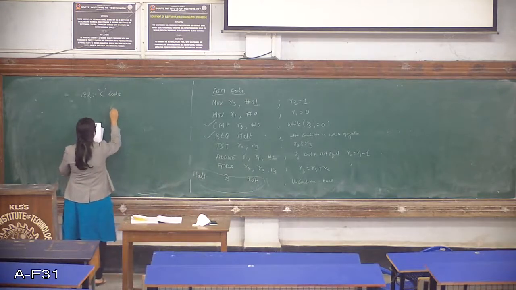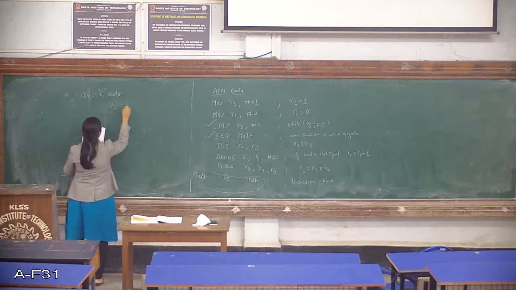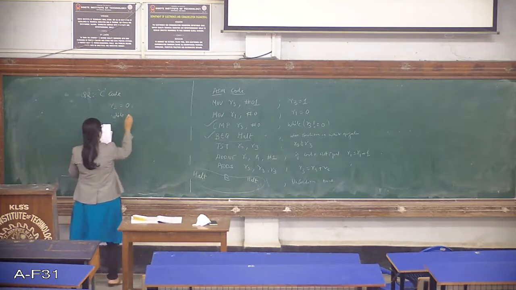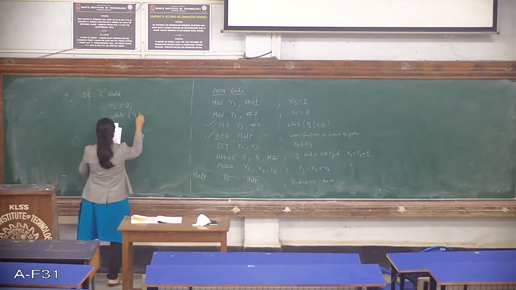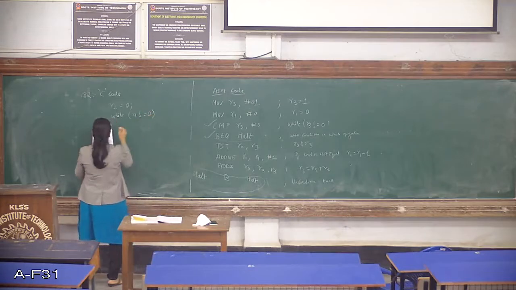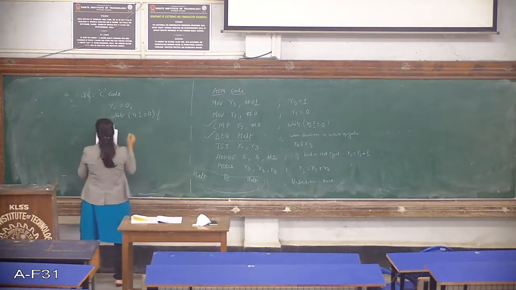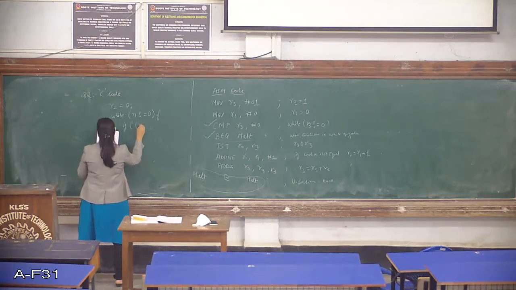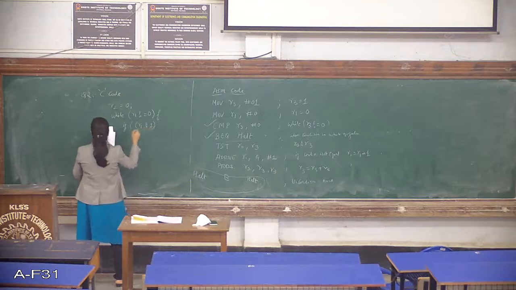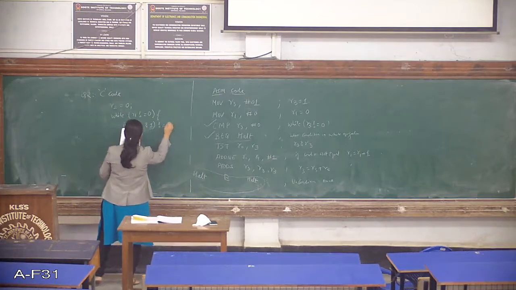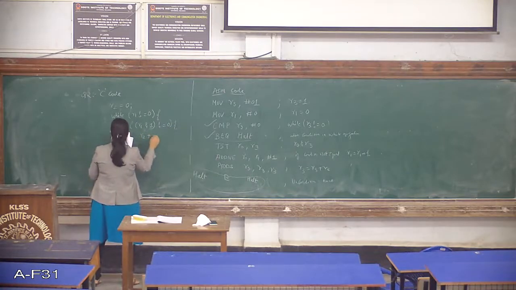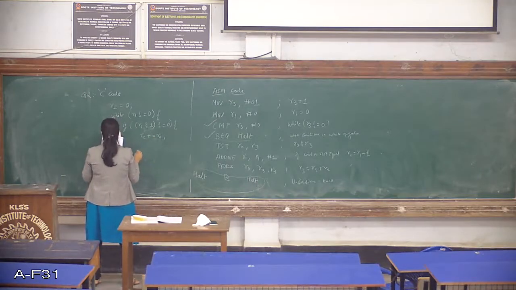So we have the first instruction, R2 is equal to 0. Then we have a while statement, while R1 not equal to 0. Then in that we have an if statement: if R1 ANDed with 1 is not equal to 0, you are going to perform R2 plus equals R0.